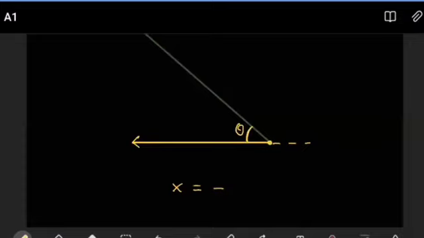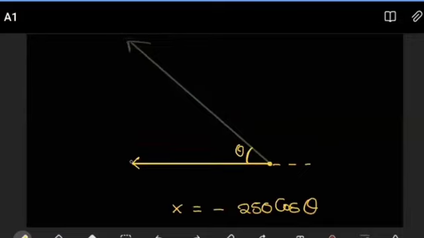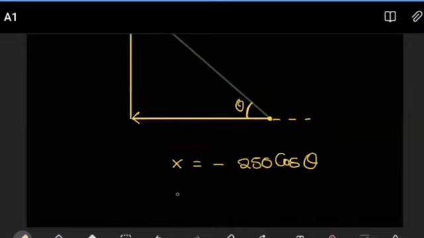Then the magnitude is 250, and then I can say cosine that angle theta. This is where the negative is coming from. Notice that even when I was getting the y component, first I checked where it is pointing. It is pointing up, so it will be positive. So I know this will be positive. It will be 250, and it will be sine. Have you got that?